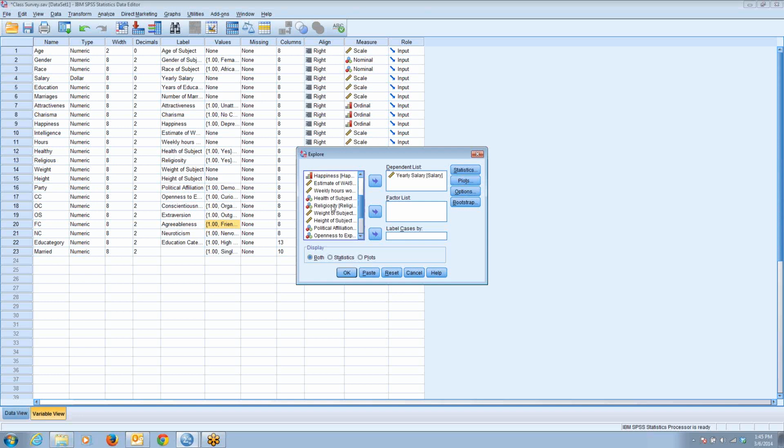Okay, well, we'll do religiosity then. So religiosity is either yes or no, and then we'll do intelligence, which would be estimate of WAIS.